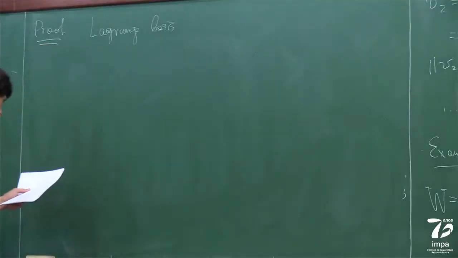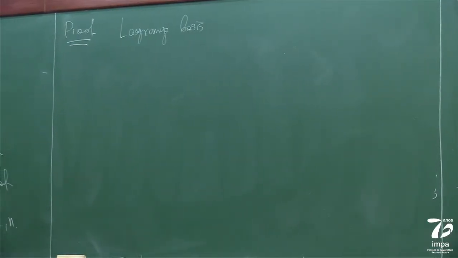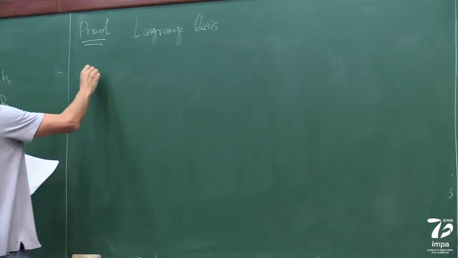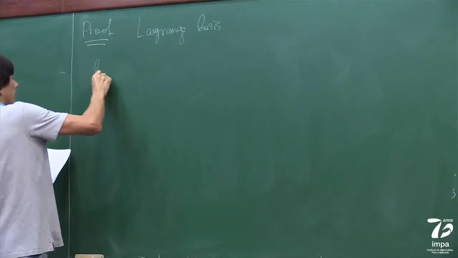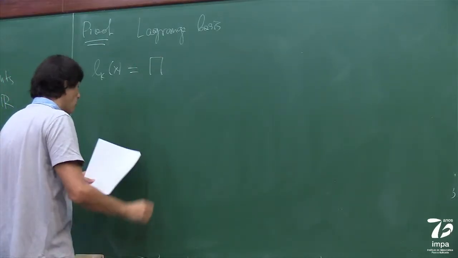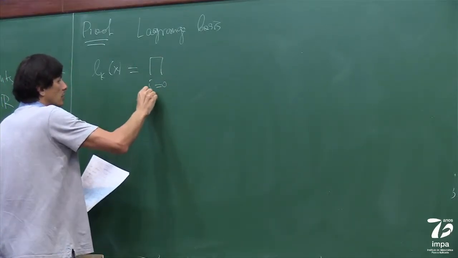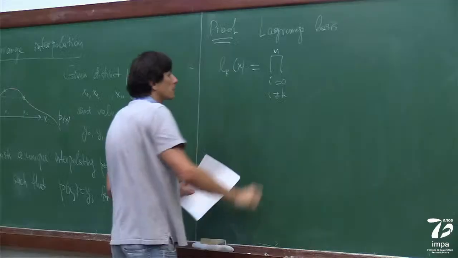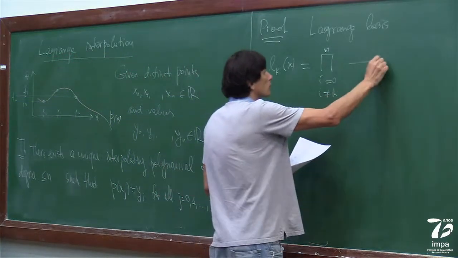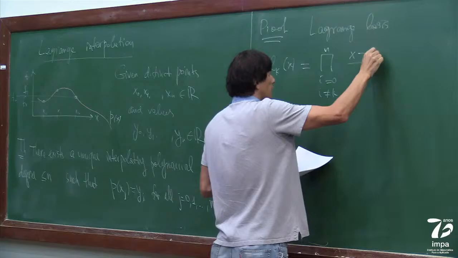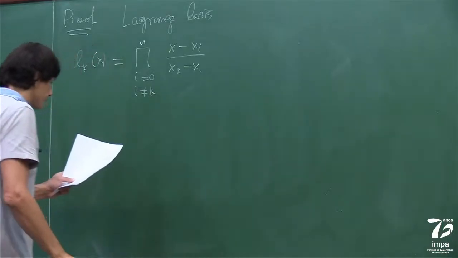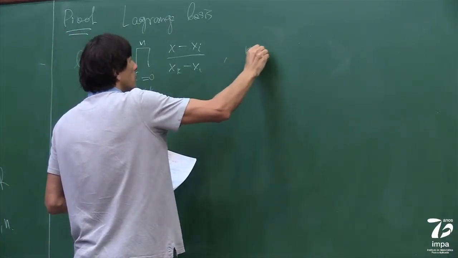The function Lk is a polynomial defined as a product over all points except point k. For i from 0 to n, taking all except k, you take the product of the ratio x minus xi divided by xk minus xi. And you can do this for all k.